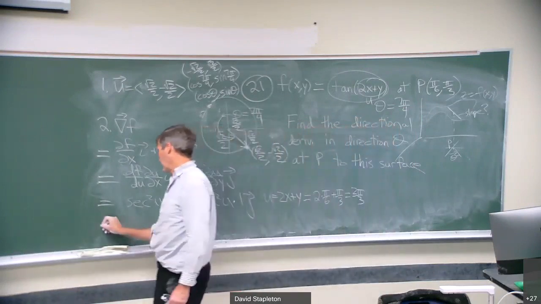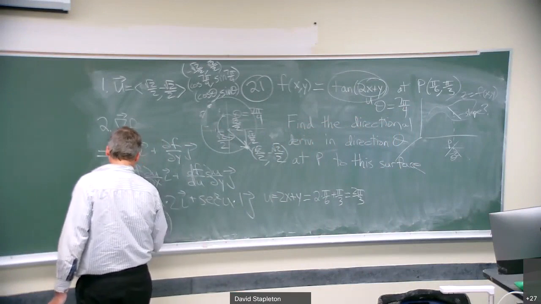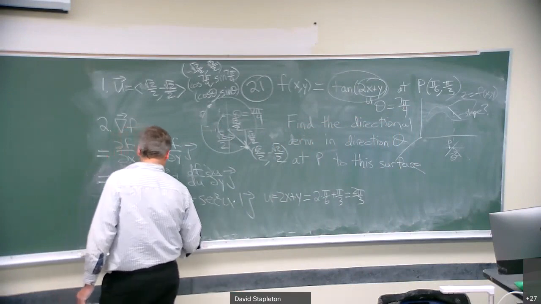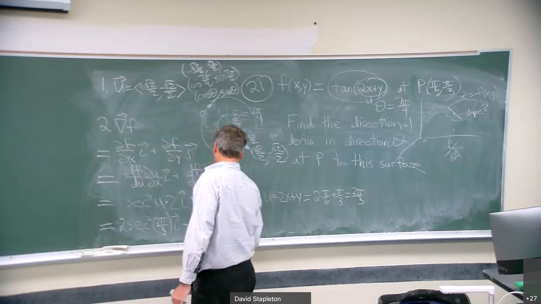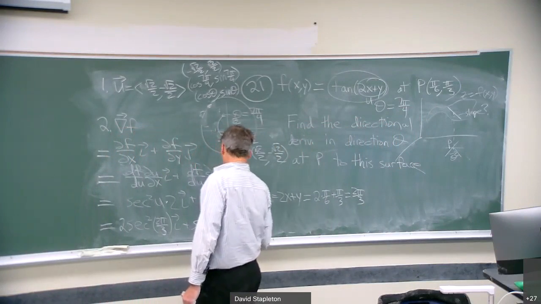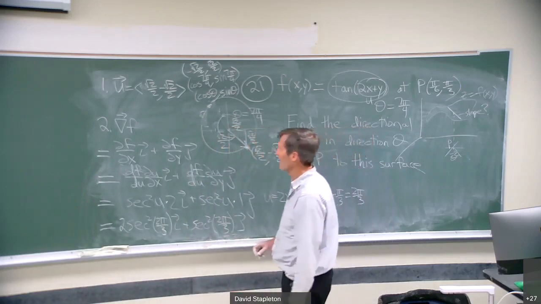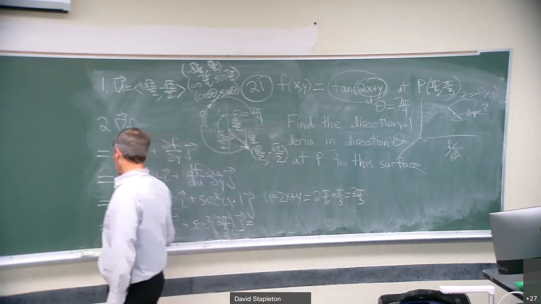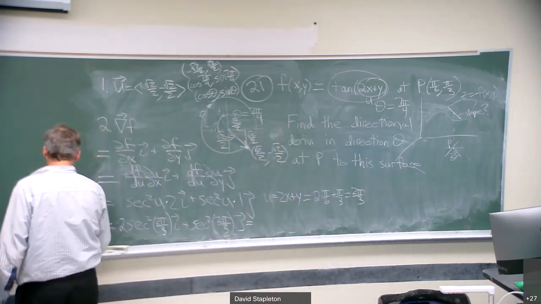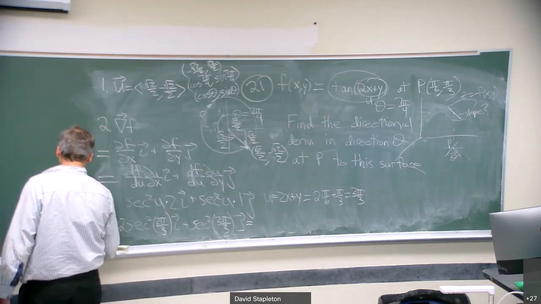So what we're going to do is take secant squared 2 pi over 3 times 2 i plus secant squared 2 pi over 3 times j. And there is the gradient at the point. Now we want the gradient of f at the point pi over 6, pi over 3.